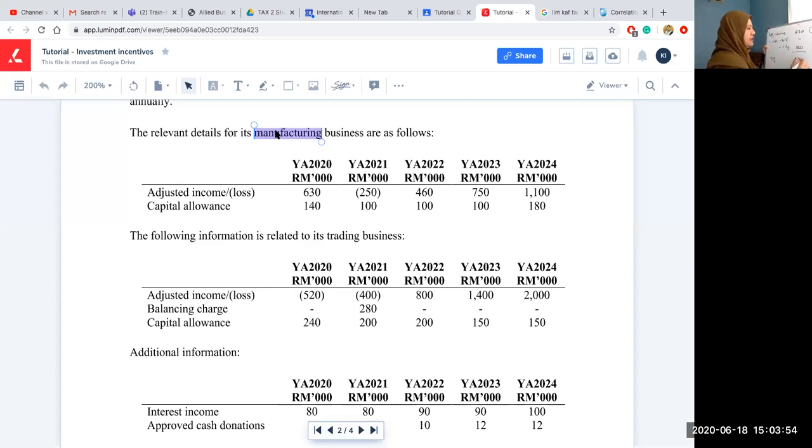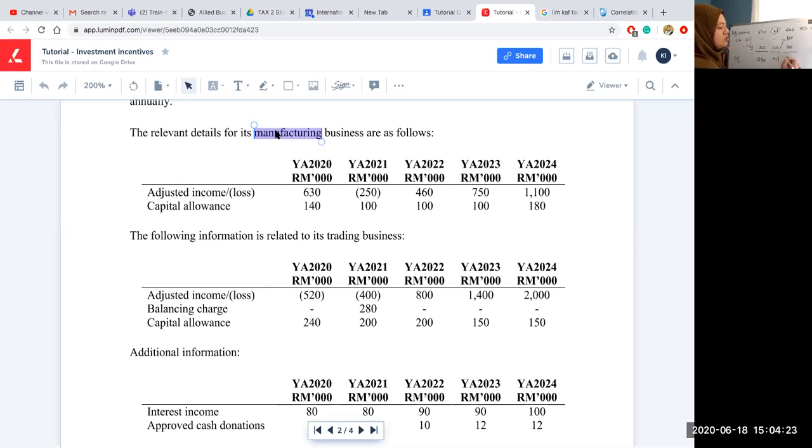Here you have no brought forward figure, but the current year is 100. But you are not going to utilize that. So this one will become brought forward in the following year. So here is nil, here becomes 100, and current year is 100 also. So for 460, you have brought forward CA of 100, minus 100.